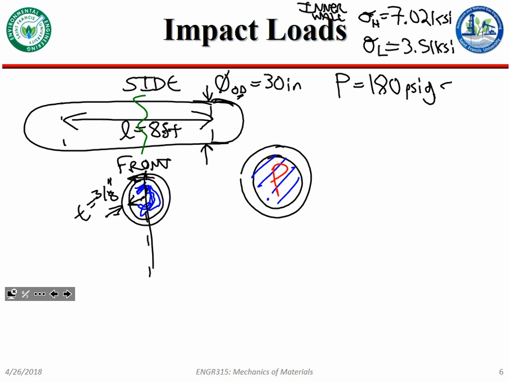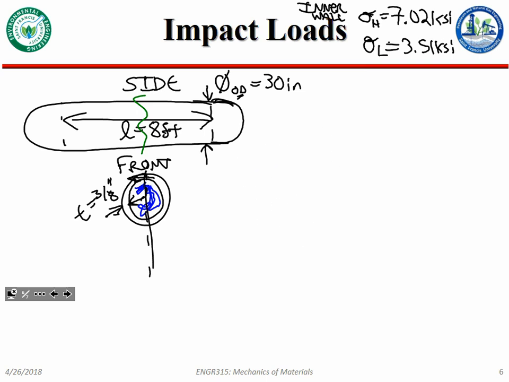So we got that, and we said before, because we're on the inner wall, sigma r is equal to pressure, because that's the distributed force at that point.